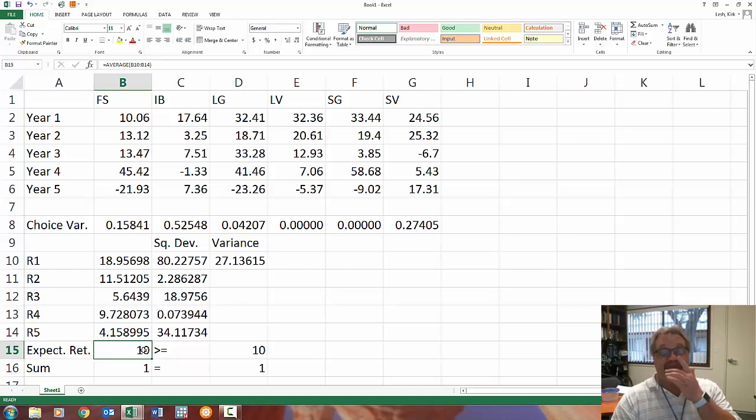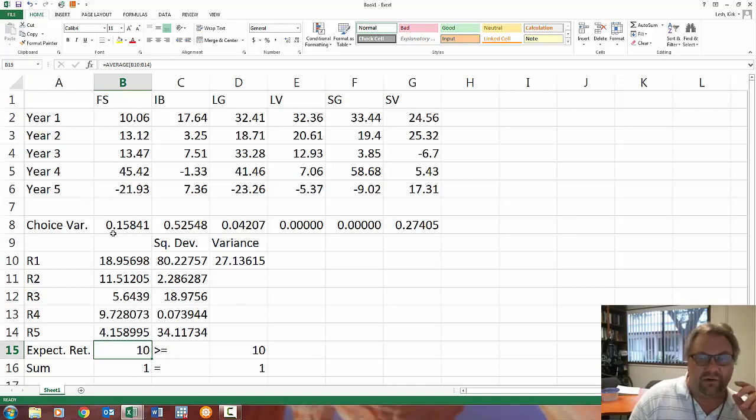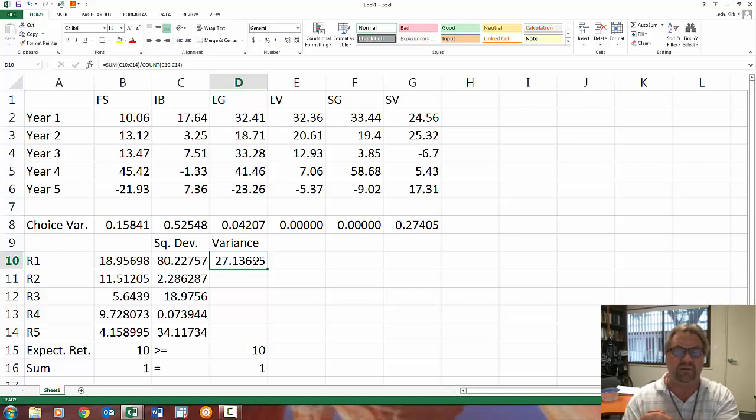So what is this saying? All right, so if I invest 16% in foreign stocks, 53% in international bonds, 4% in long-term growth, 27% in short-term value, then I am expecting to get a return of 10%, and my variance is going to be 27%.